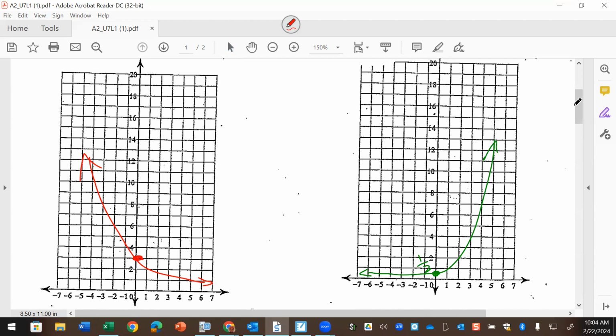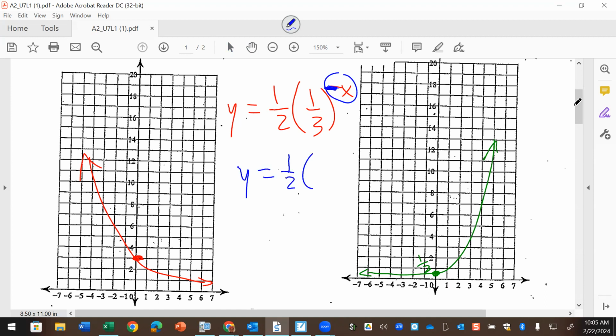What if I ask for this one? Growth or decay? Trick question. Not something new to you. What does a negative do? It flips the 1/3, so this is really 1/2 to the 3.